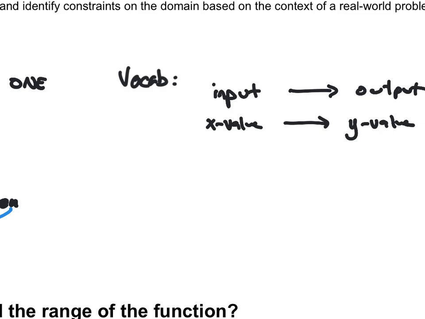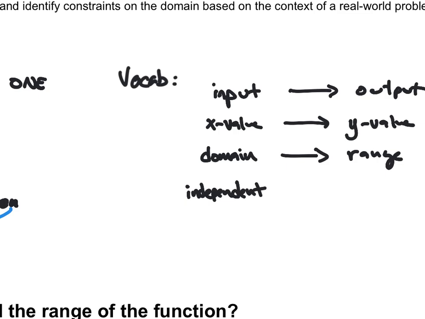The other word that we have is domain. That means all these things mean the same thing, and then your range. The other vocab word that we have is what we call the independent, and then dependent. Okay.